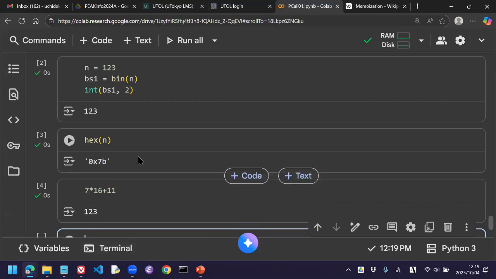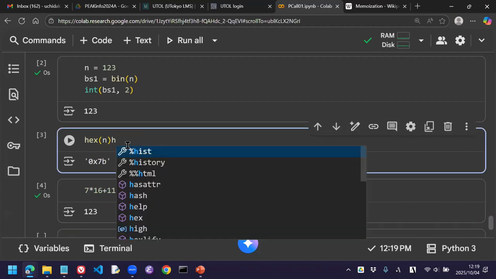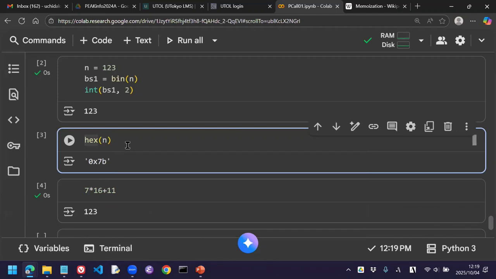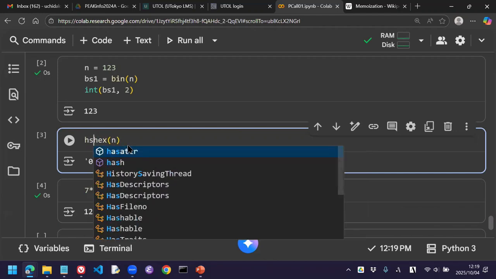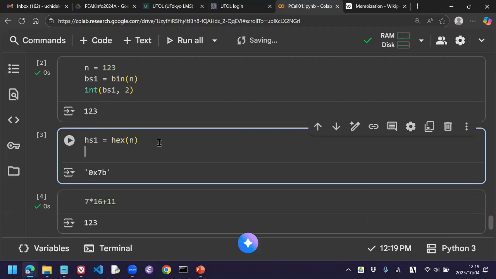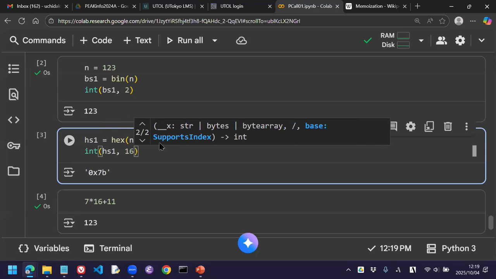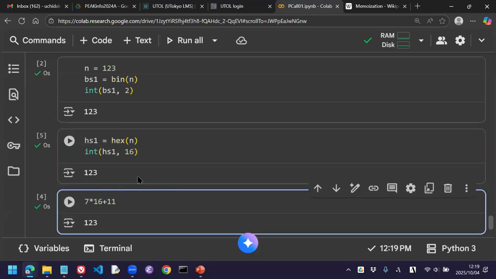Again, if we want to change this back to a number, let's assign it as hexadecimal string 1, hs1. Then we can change this back to an integer by int(hs1, 16). This will convert it back to 123.